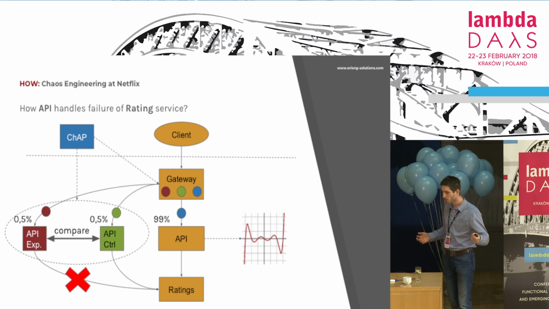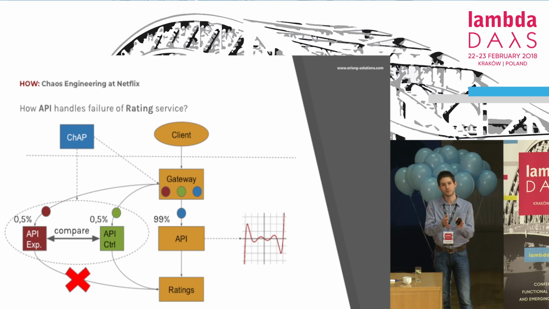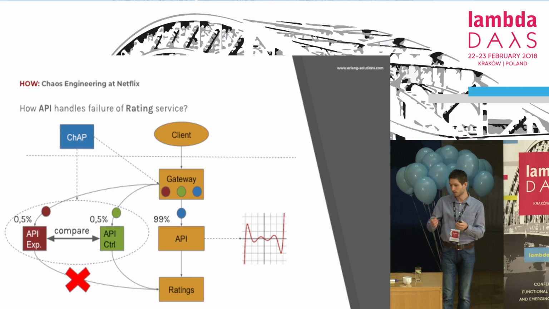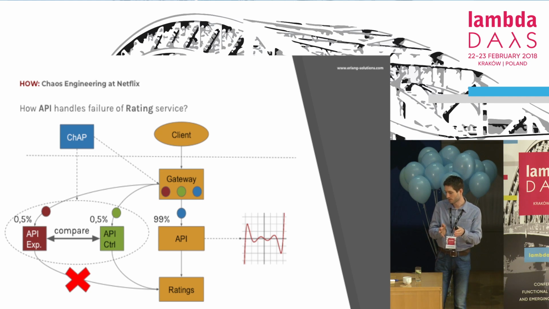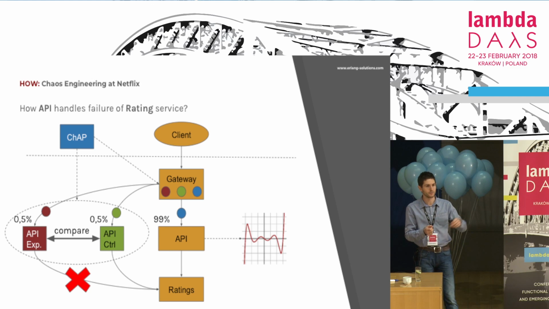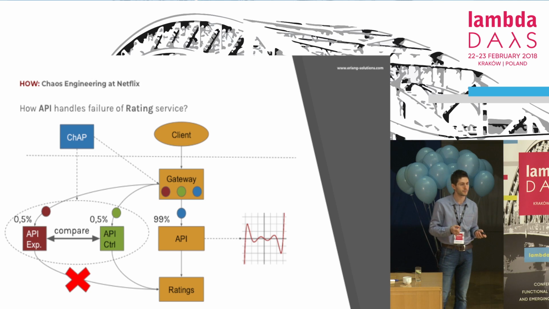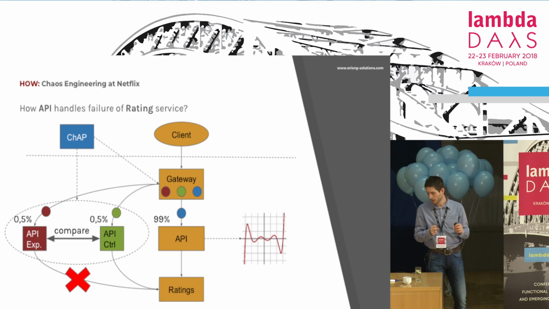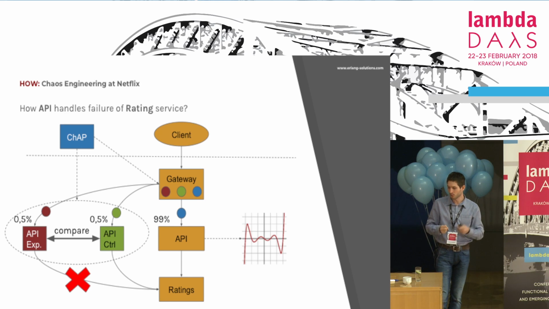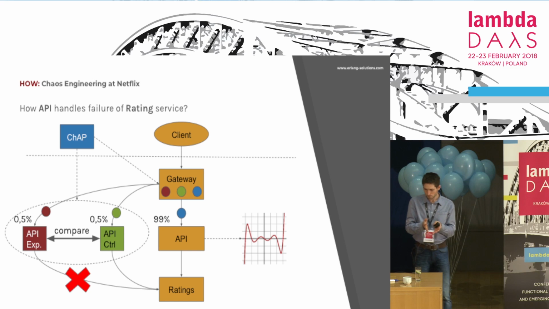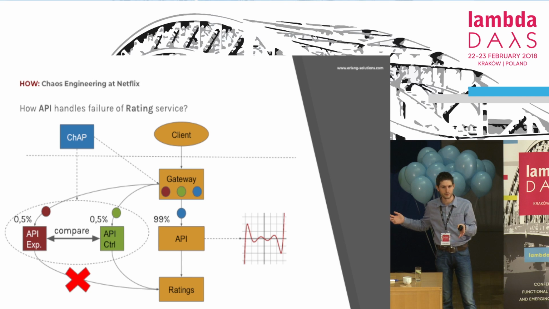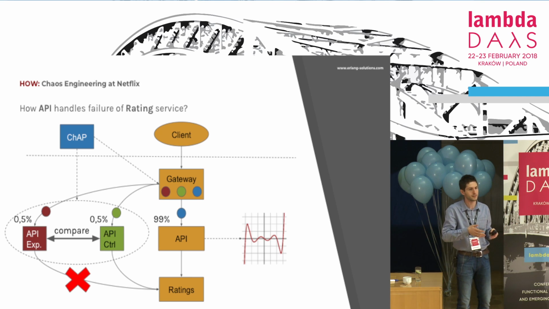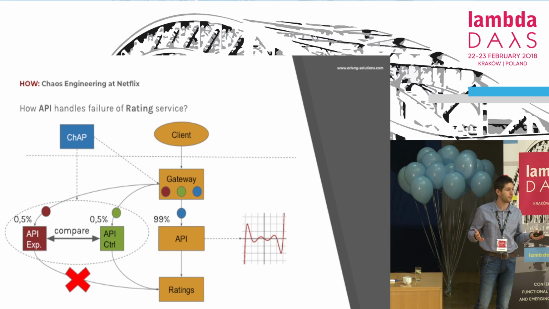And then, using the same component, they would instrument the gateway to direct a fraction of the requests along the normal path, the blue ones, some fraction of the requests to go through the control cluster, and finally some fraction of the requests to go through the experimental cluster. Then they would scale these decorations appropriately, and finally they would enable some fault at the experimental cluster, which would be simply to drop all the calls from the experimental cluster to the rating service, so that all the customers that go through the experimental cluster are affected by this injected failure.